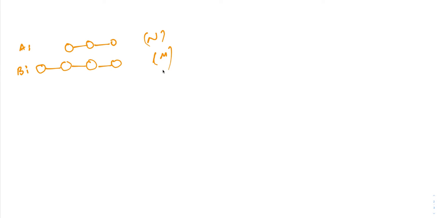Basically, the only nodes that could be an intersection would be these nodes. It's either these ones, or these ones, or these ones. And imagine with me, if we had a pointer pointing to this node, I'm going to call it PA, and another pointer called PB pointing to this.